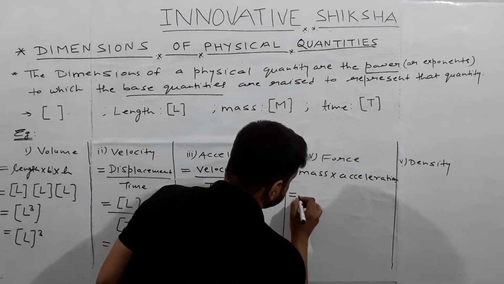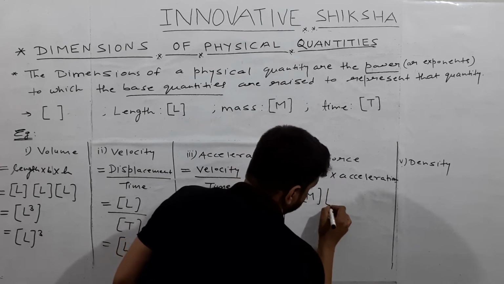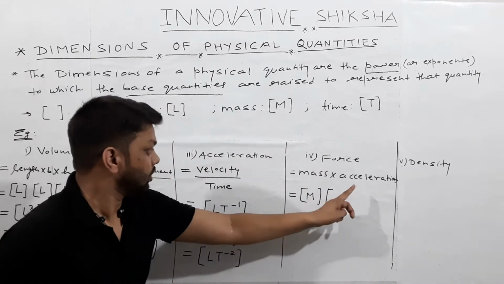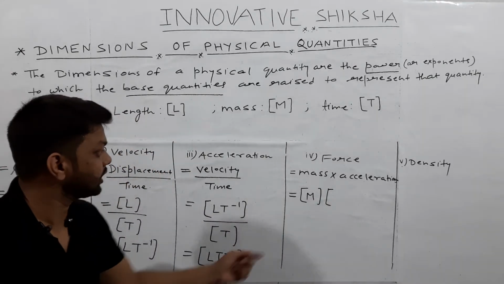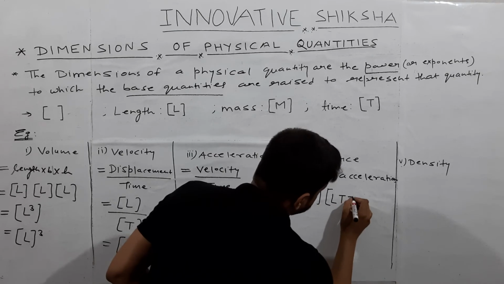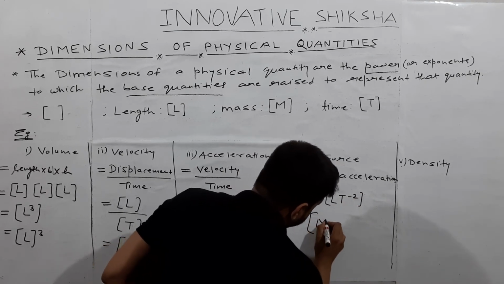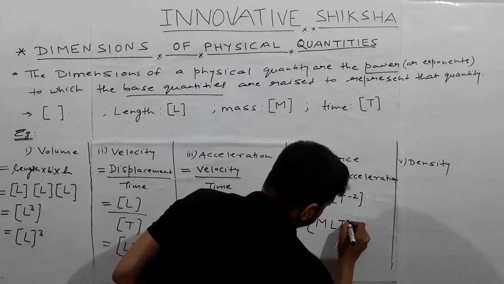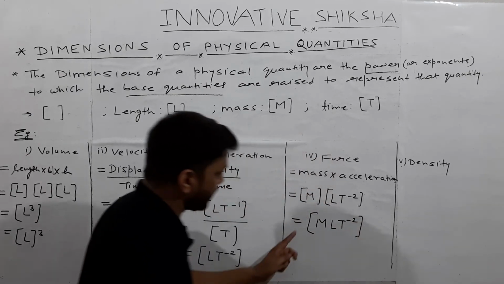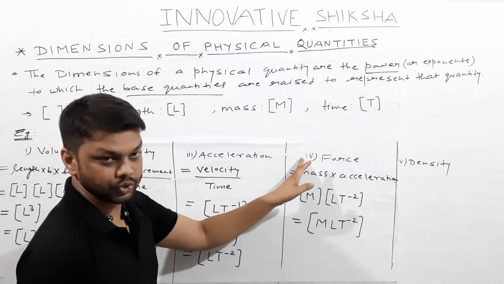So let us write the dimension of mass first, M, and then acceleration. So we are using this expression into this expression, that is L T to the power minus 2. So this becomes M L T to the power minus 2. So M L T to the power minus 2 is the dimension of force.